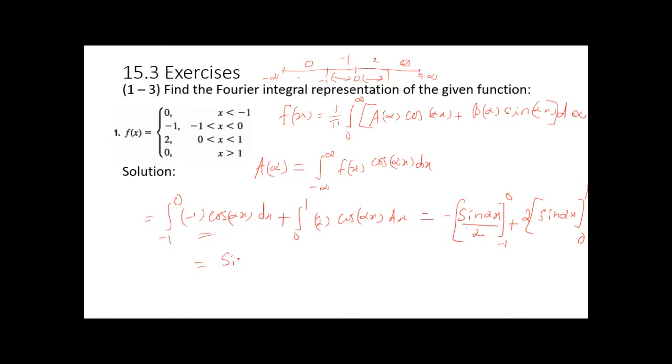So the first part will be sine alpha over alpha. The second part will be 2 times sine alpha over alpha minus 0.